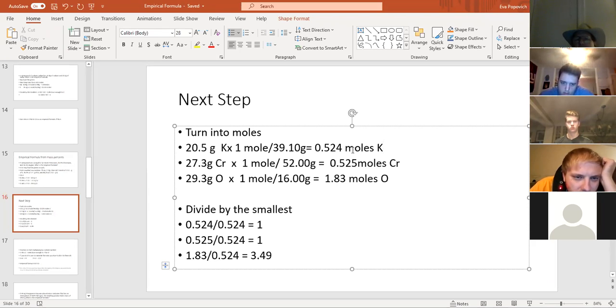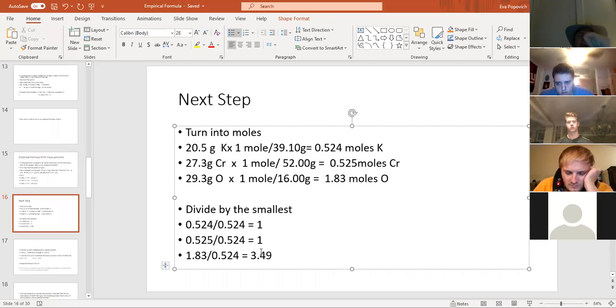I divide it into the 0.524, I get 1. I divide it into the 0.525, I get 1. I divide 0.524 into 1.83, I get 3.5. I get a fraction. So my mole ratio I came up with is 1 to 1 to 3.5.